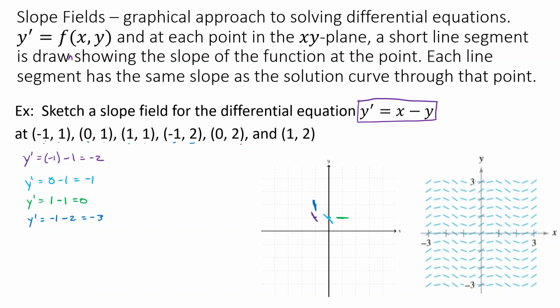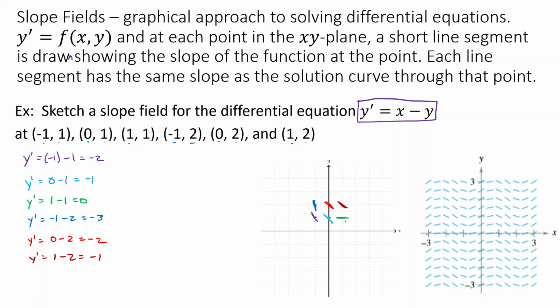How about red? 0, 2. Y prime would be 0 minus 2, which is negative 2, which I believe is the same as that slope. Darker red, sure. 1, 2. Y prime would then be 1 minus 2, which is negative 1. So at 1, 2, the slope is negative 1, like that.